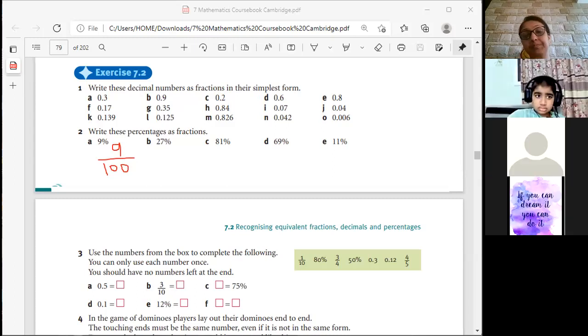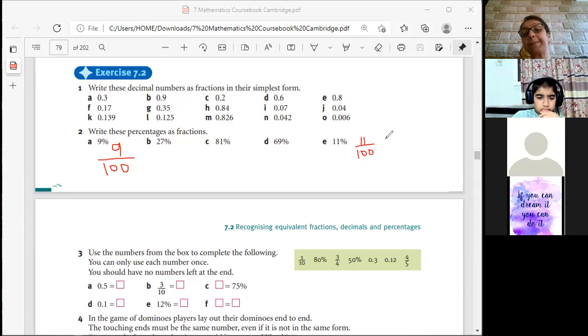I know that much. Then why is it not 11 upon 50, you said, no? How can it be 50? Because you can't reduce it further, no? 11 and 100 both don't go in the same table.